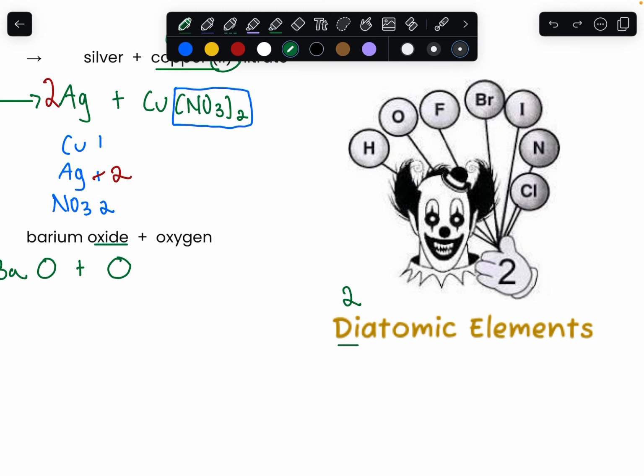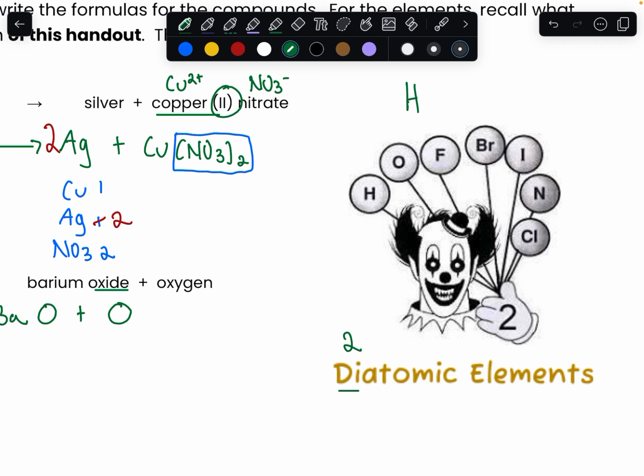We call him Hofbrinkel, and there's different names for this depending on your chemistry teacher, because the name Hofbrinkel spells out all the elements that are part of this group that come in pairs of 2. So Hofbrinkel has a little 2 by his hand because all of these elements come in pairs of 2 only when they're on their own.